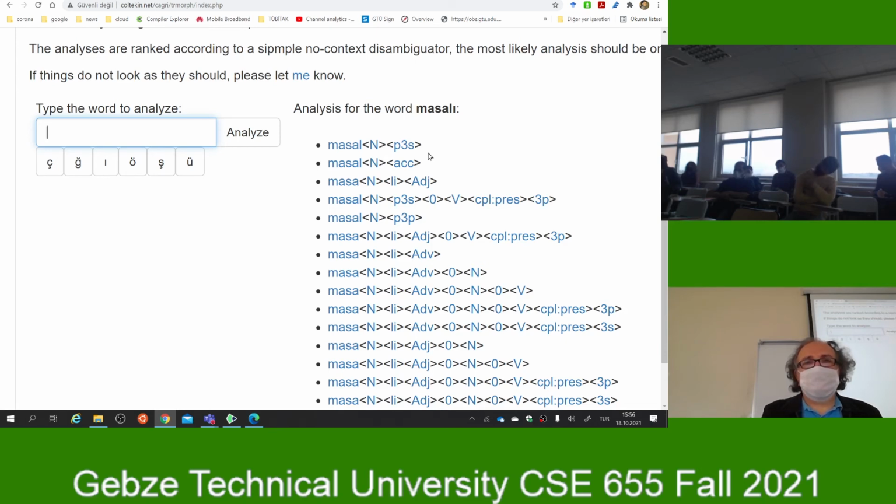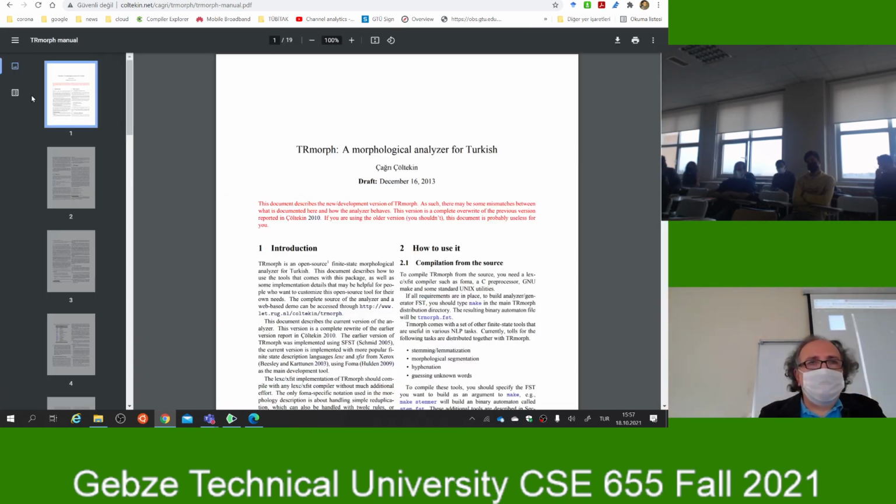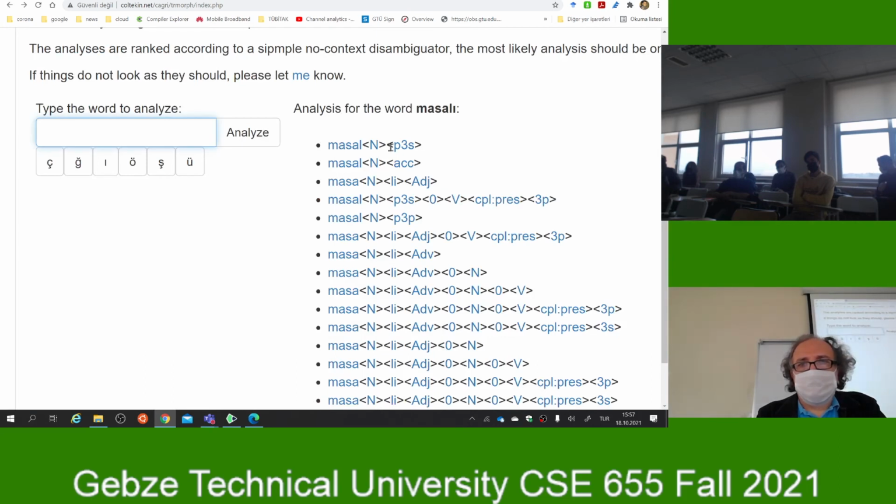So let me use this in a sentence: masalı okudum. How about this one? This is the accusative that belongs to something, right? Possession, no, this is just the opposite. Let me go to the paper itself. I click on it. Open it in a new tab.